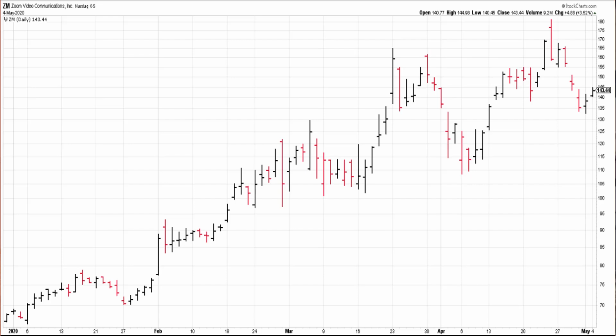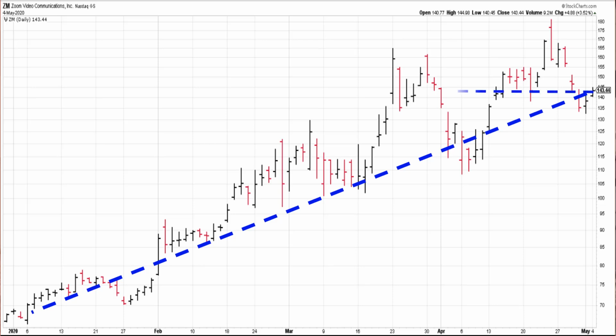Now, along those lines, let's take a look at everybody's darling real quick, and this is Zoom. And Zoom has done fantastic this year. In fact, it's up about 100% since the beginning of the year. But notice in more recent times, looking back to the left, you could see that it hasn't made a whole lot of progress in roughly 1 month. So it is losing a little bit of steam.